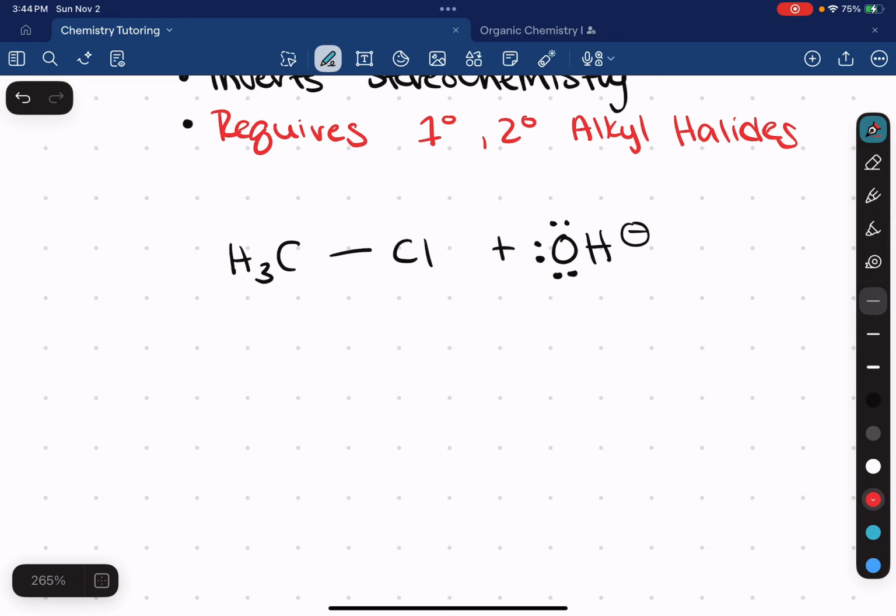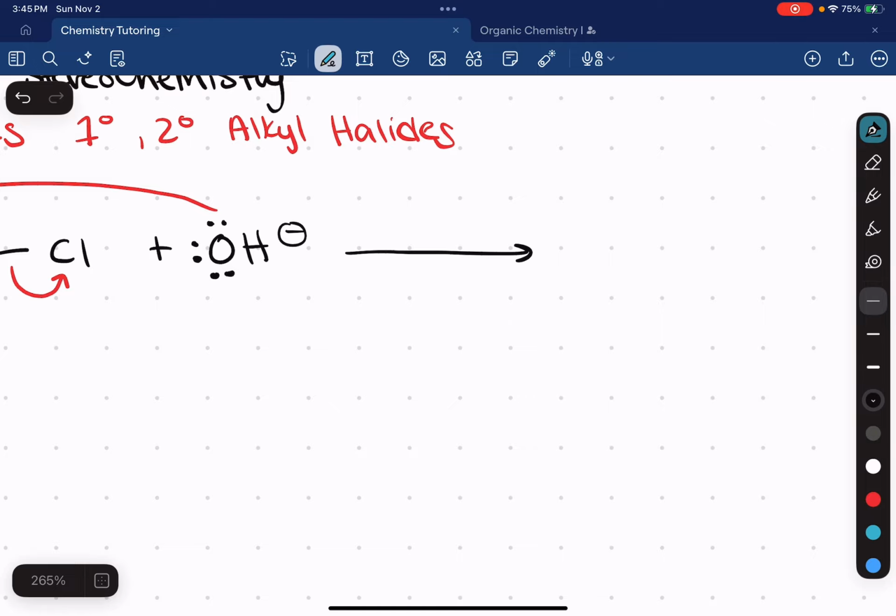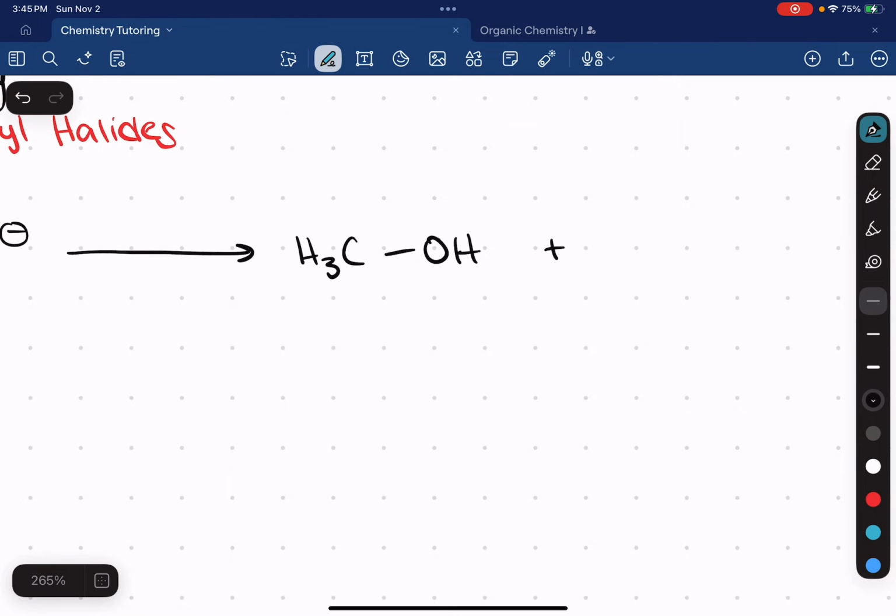So these lone pairs are going to swing around and attack the carbon from behind. This is going to pop off all simultaneously, like it happens in unison. And then you end up with your CH3 bonded to the OH, and your chlorine just left off to the side. And again, that's a byproduct. I'm not too worried about it.